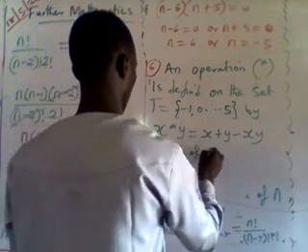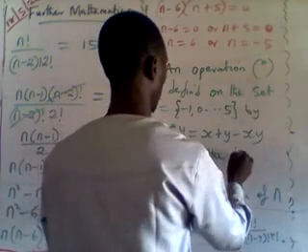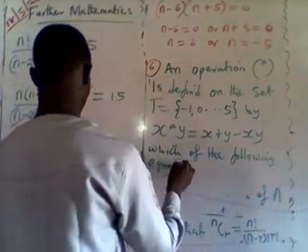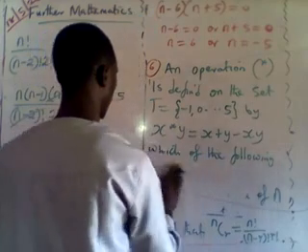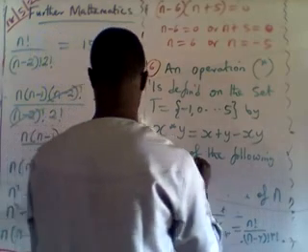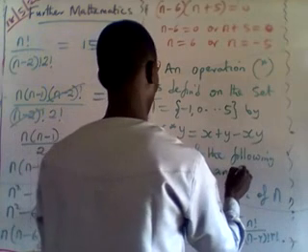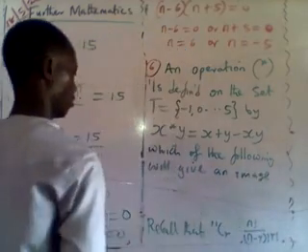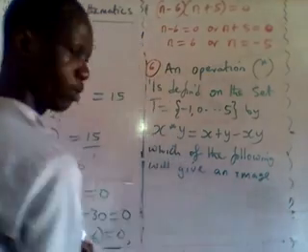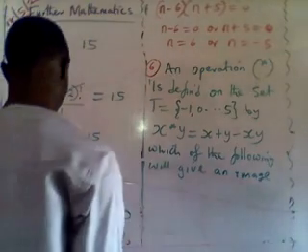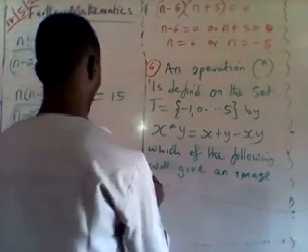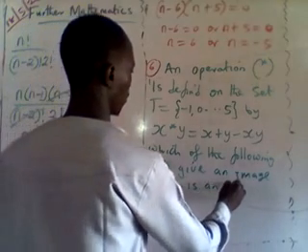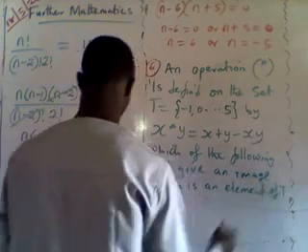Which of the following equations will give an image which is an element of T?